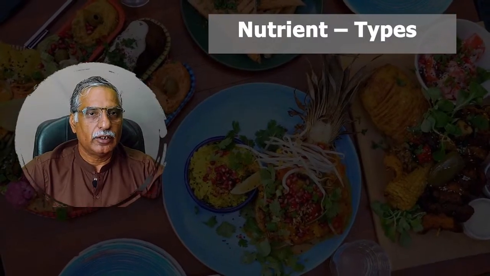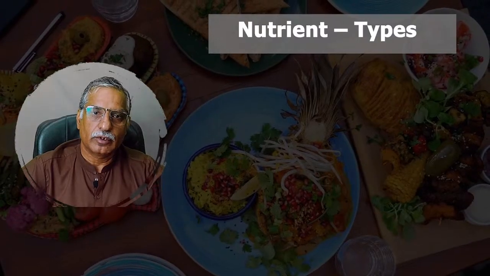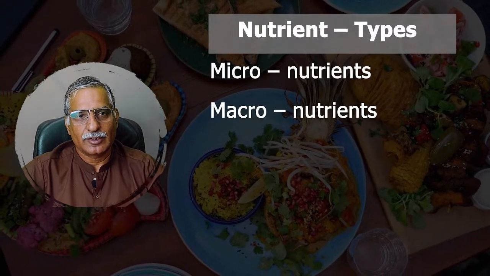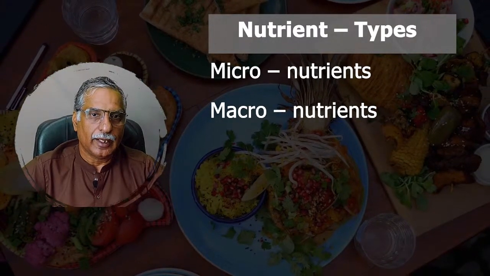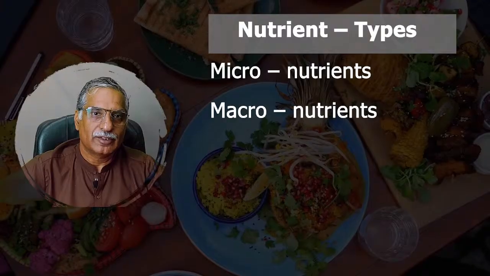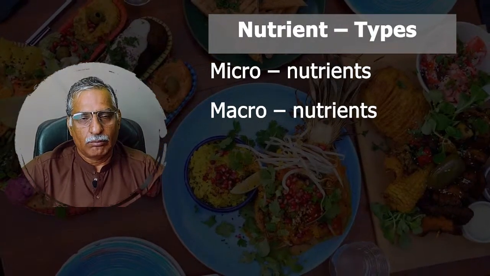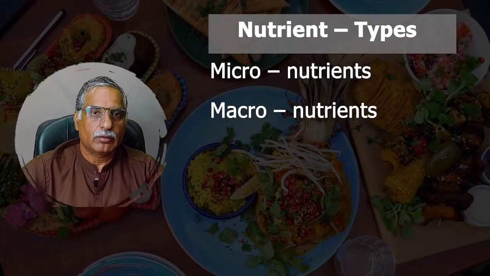Generally, we classify nutrients in two categories: micronutrients and macronutrients. This segregation is done on the basis of their bulk requirement and their significance in life. Micronutrients are the ones that are needed in very minute quantities.